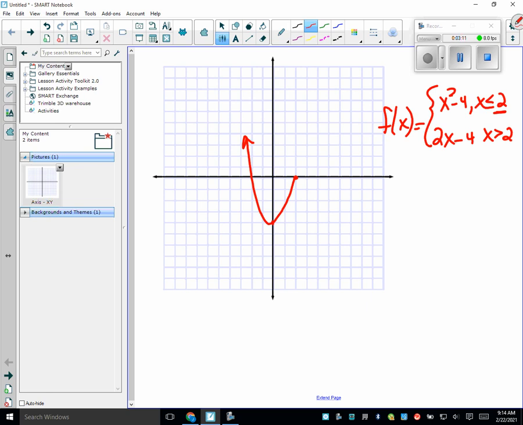Now, the next piece starts at 2. So when x is 2 for this bottom piece, if you want to put it in your calculator, fine. That's up to you.